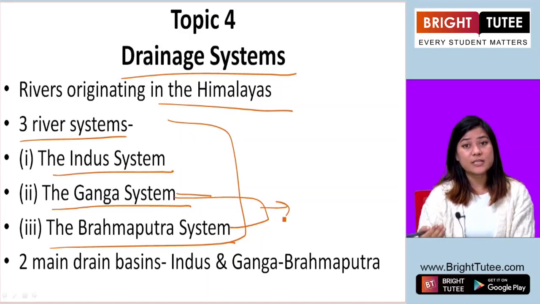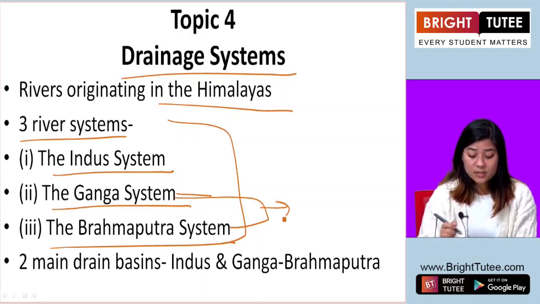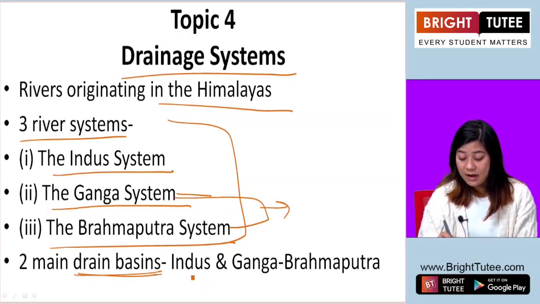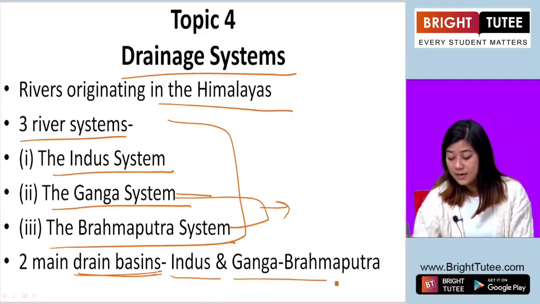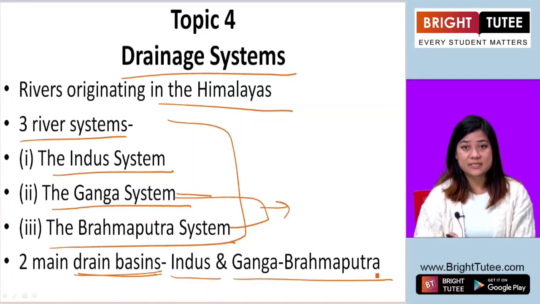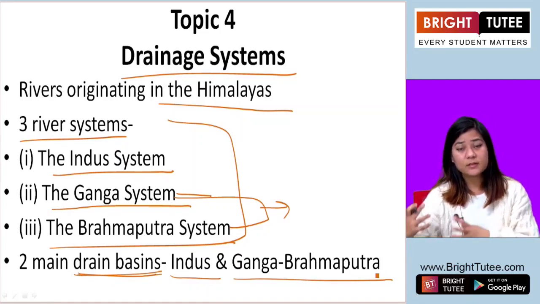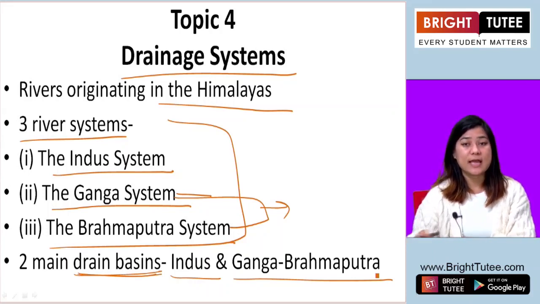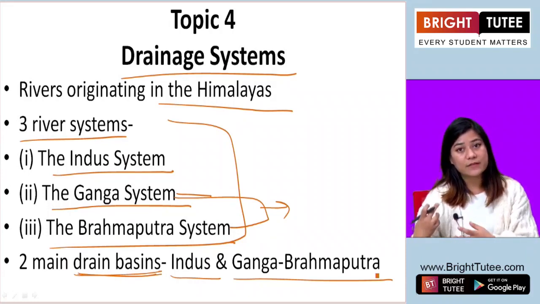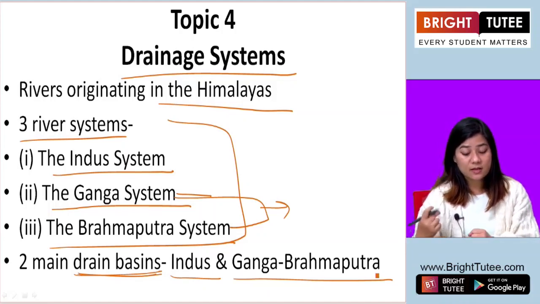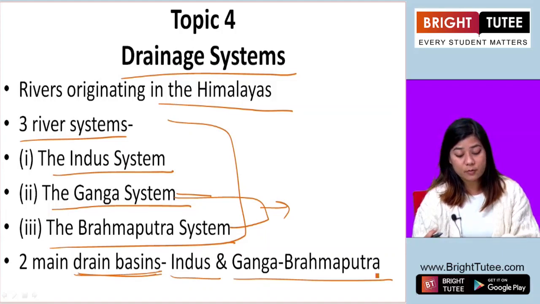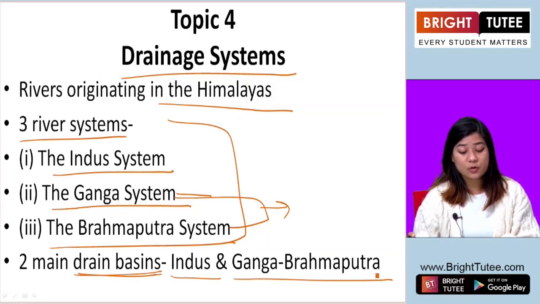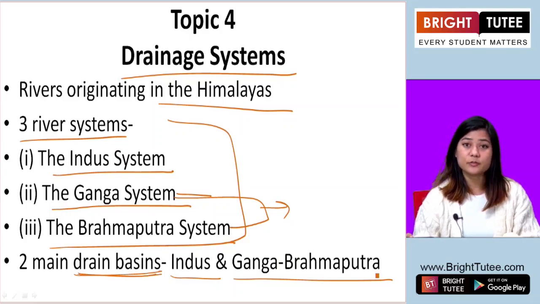In fact, all three are important, but they form two main drain basins: the Indus drain basin and the Ganga Brahmaputra drain basin, which means the area where it drains its water, the mouth where it drains, and the formations that it develops. So these are very important drain basins in our country, which are formed by three important river systems of the Himalayan rivers, which are the Indus, Ganga, and Brahmaputra river systems.